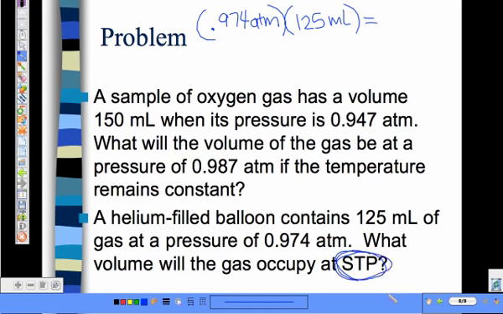What would be standard pressure? One, what? Atm, right. We want to use atm because this number is in atm. If that number would have been in millimeters mercury, you could use millimeters mercury. So we'd have 1 atm times V2. So atm cancel, and V2 would equal 120 milliliters, correct?